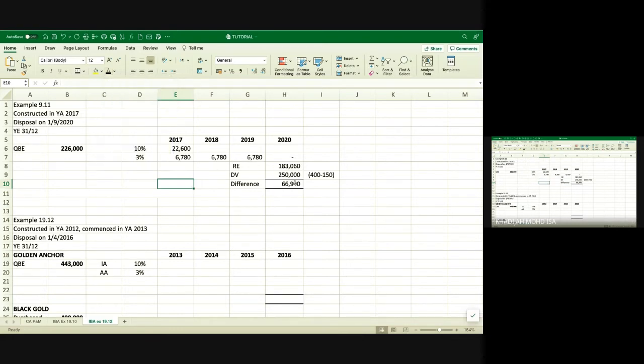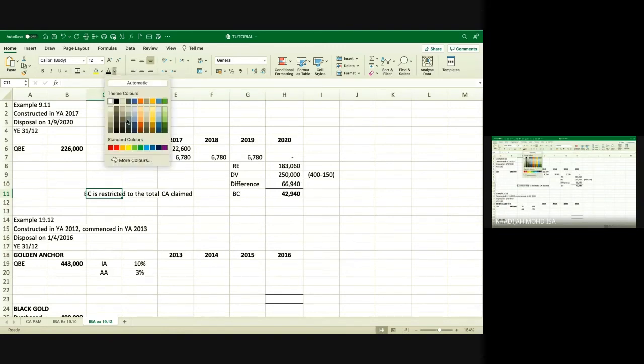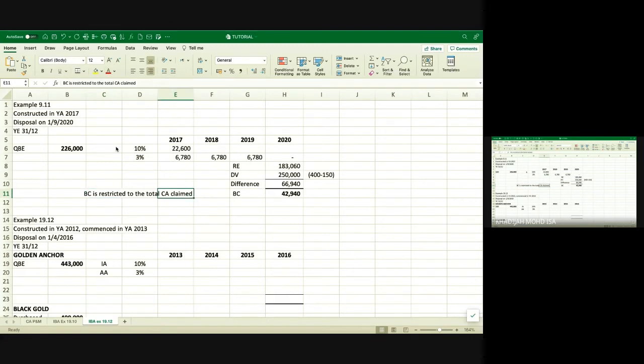The gain is 66,940, but the total allowance claimed is only 42,940. So you have to look at the rule that the BC is restricted to the amount of the CA claimed. It's not fair for the company to pay a balancing charge of 66,940 where the maximum allowance claimed by the company is only 42,940.